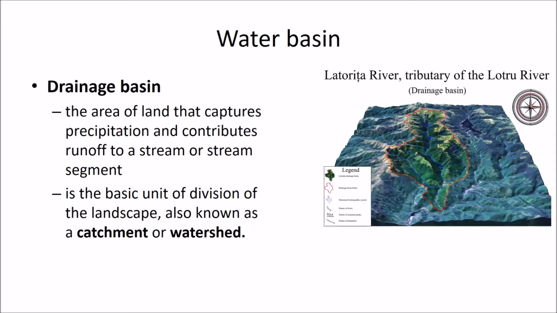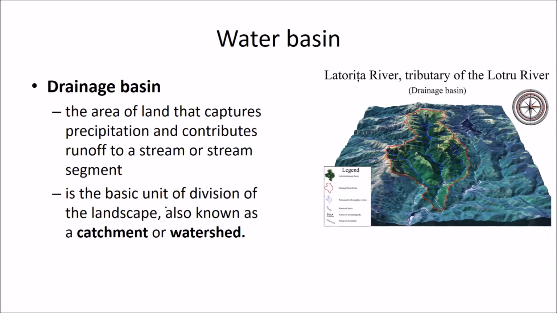Here, first of all, the red boundary is the boundary of one drainage basin, because the final one is the main stream. It is contributed to by other segments, smaller streams. We have a small spring that runs to the larger stream, and from the larger stream it can run to rivers.